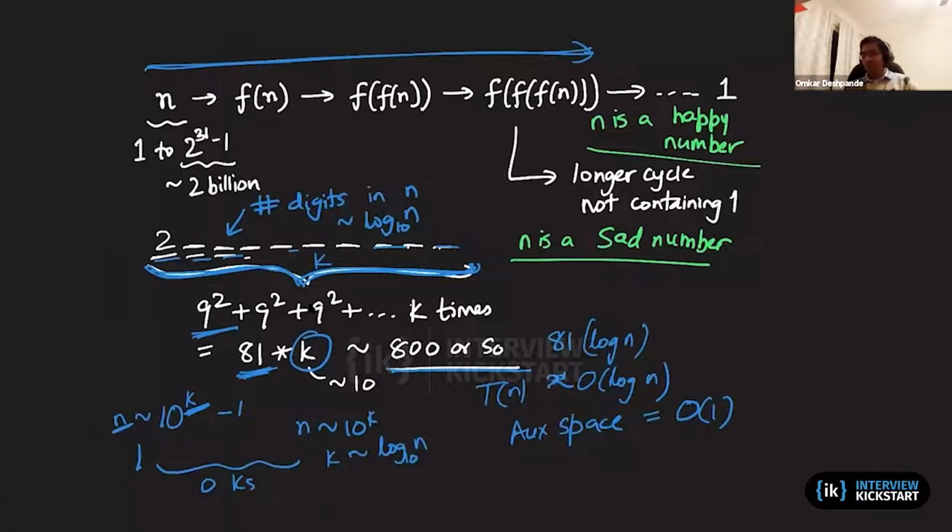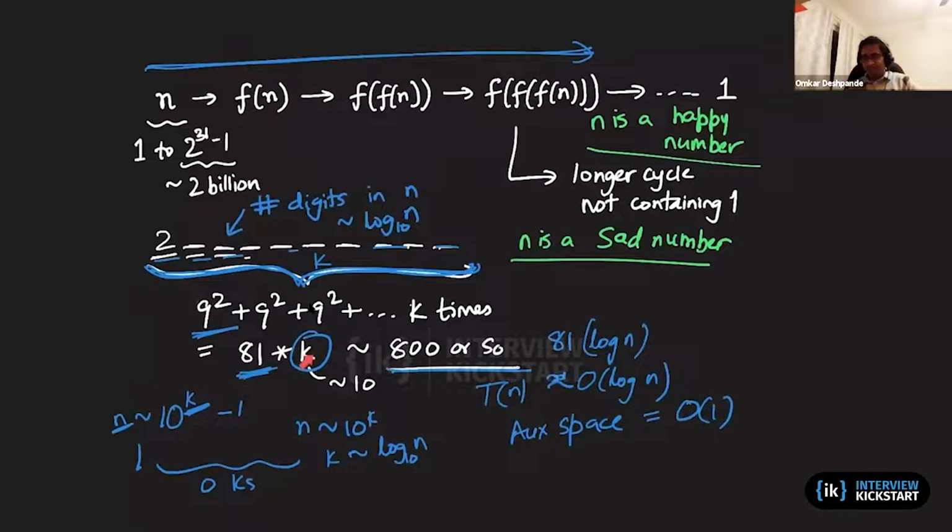And how does that map to the time complexity for this? We are saying that when we apply this transformation on any n, the value that we are going to get is at most 81 times the number of digits in that number.